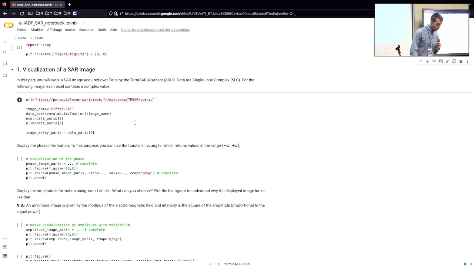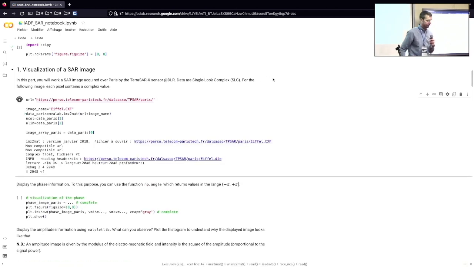So let's start by reading a SAR image. That's a TerraSAR-X image that you have already seen before, which covers the Tour Eiffel part of the city of Paris. It's a single look complex image. So in each pixel, you have a complex value.